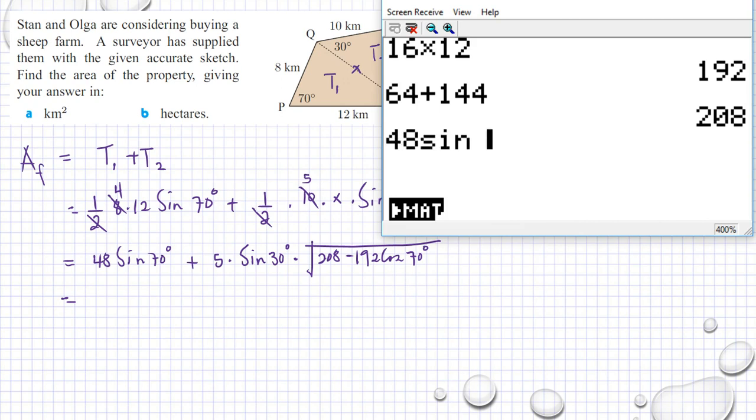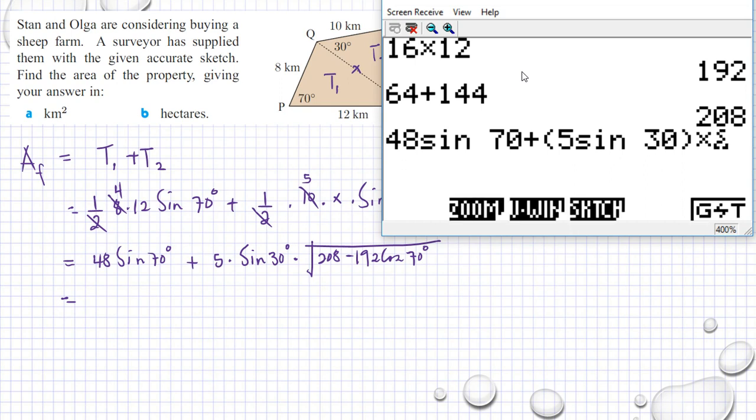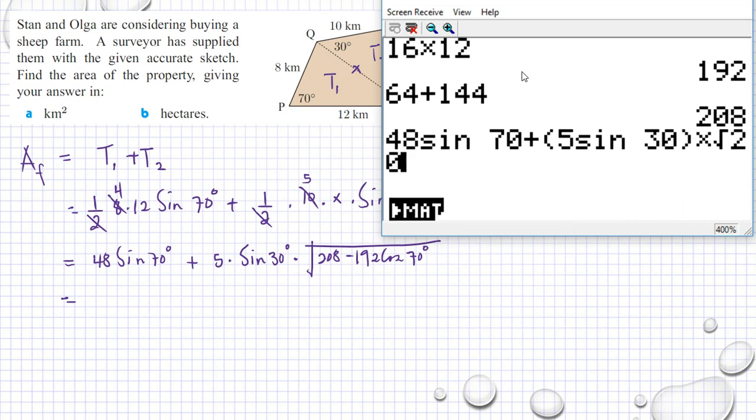We have 48 sine 70 degrees plus 5 times sine 30 degrees times, maybe it's better that I put this one in a parenthesis, square root of 208 minus 192 cosine 70 degrees, also in parenthesis.